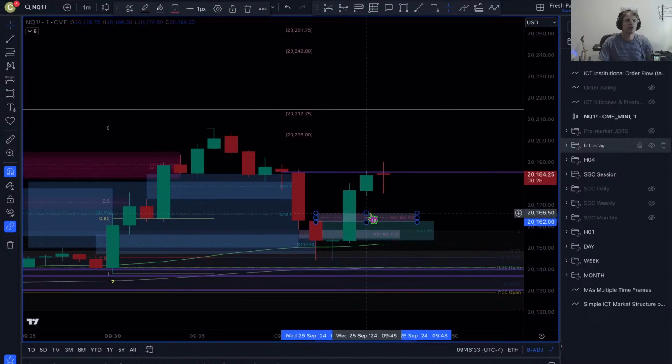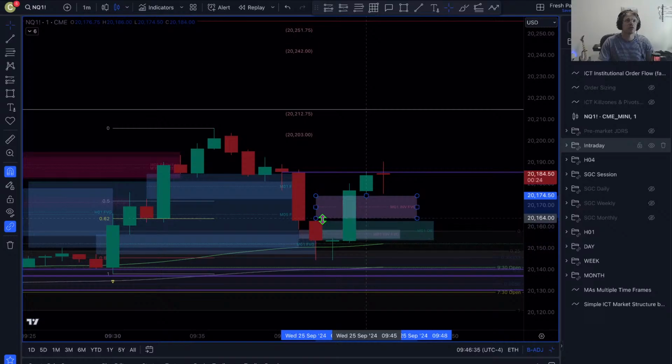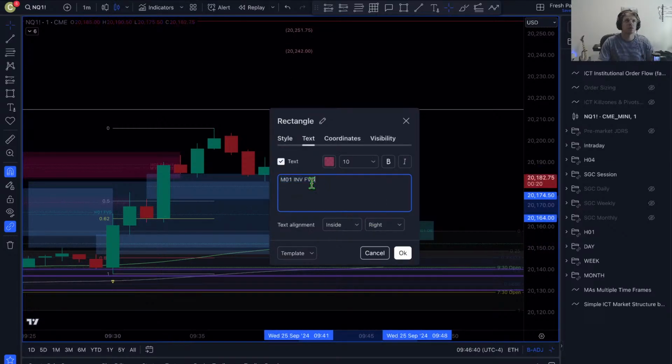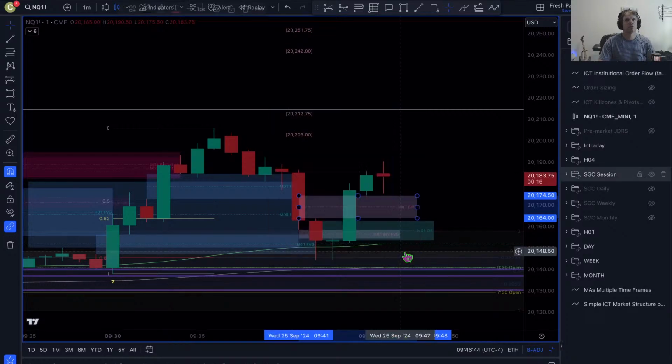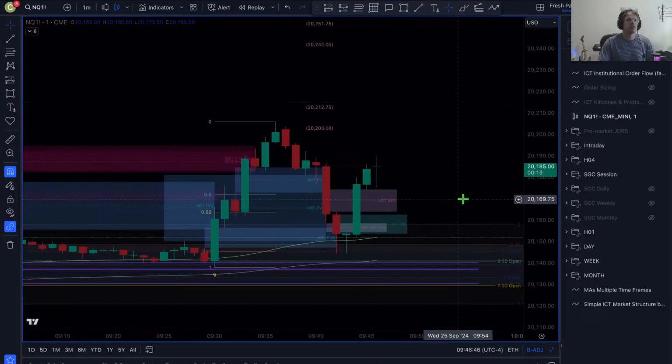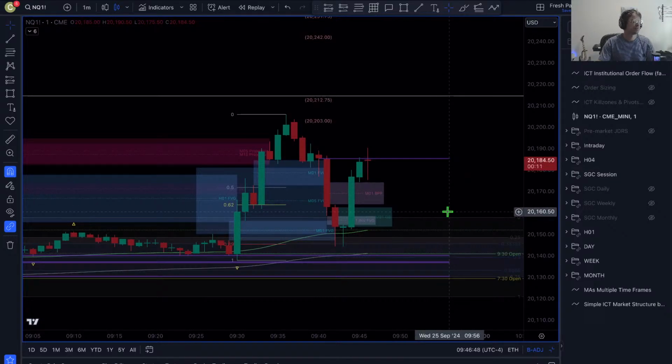Here's your M1 balanced price range. Could look for a trade out of there on that bounce.